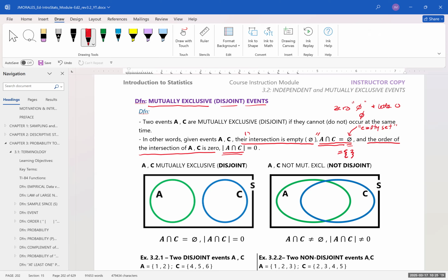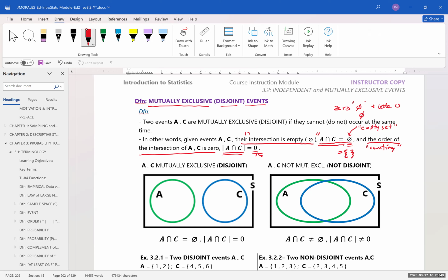Remember, the order refers to counting. How many items or how many outcomes are in the intersection of those two events? So this is saying that there are zero outcomes in common between the two events.